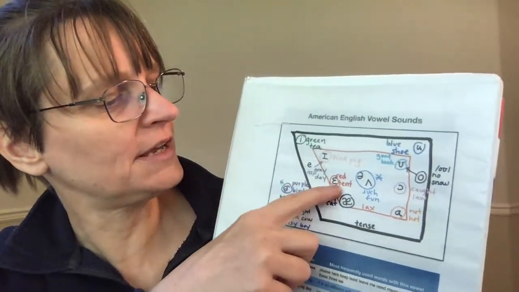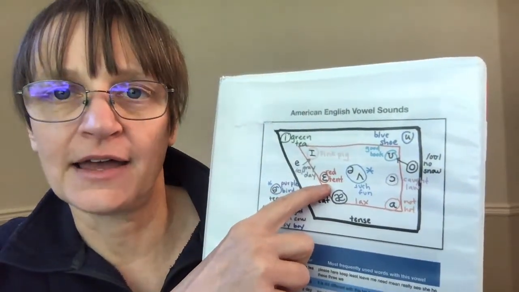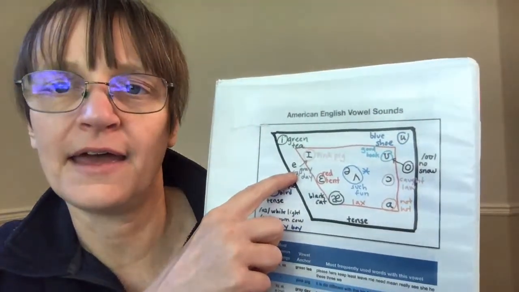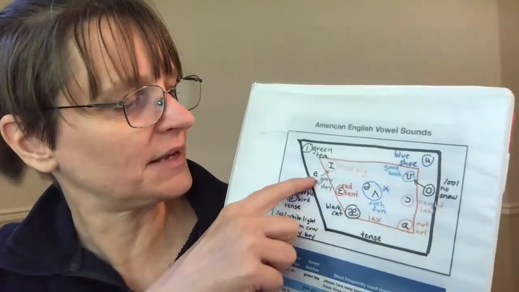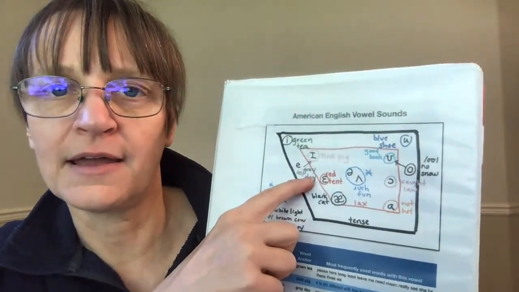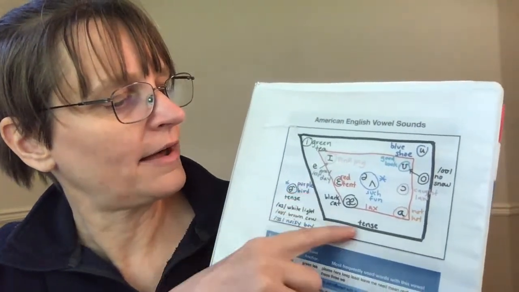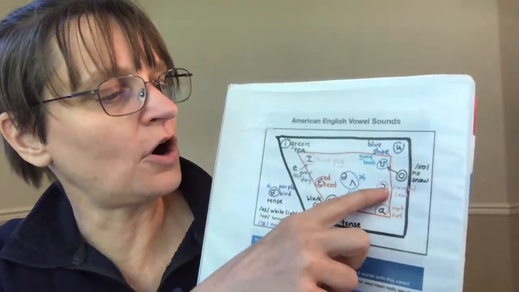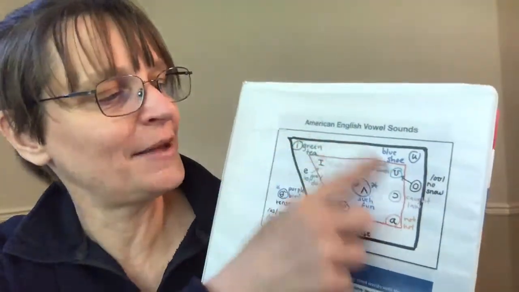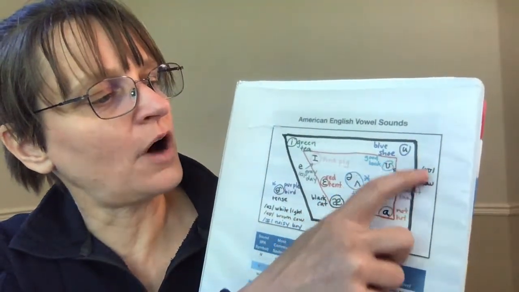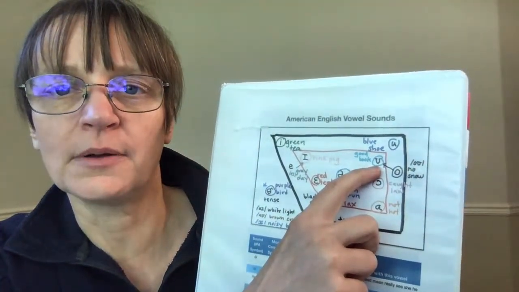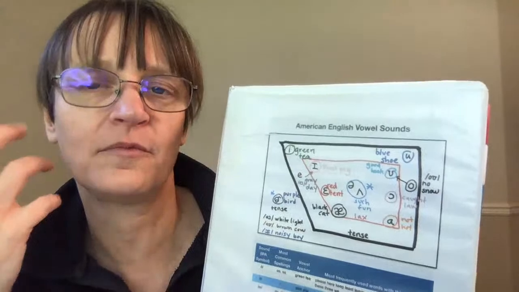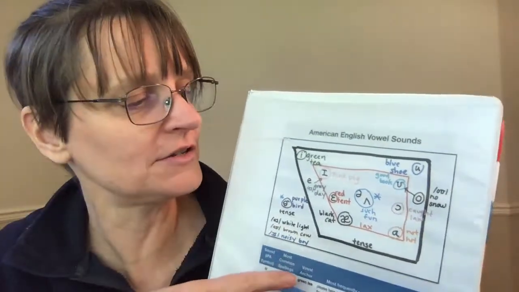So for example, very often E says eh, like in red, the letter E. And you may be saying it more like the eh sound, because in your language it might be that the E sounds more like an A. And the letter A will say many different sounds. And the letter U often will say the uh like in good book, or the oo like in blue shoe. So getting organized with thinking about sounds rather than letters is really helpful.